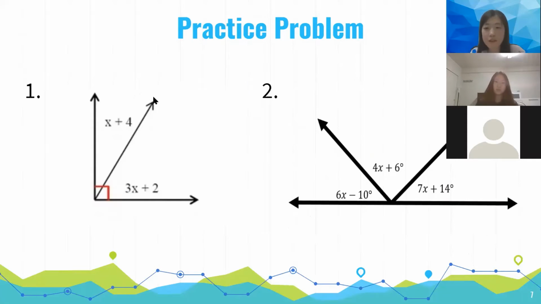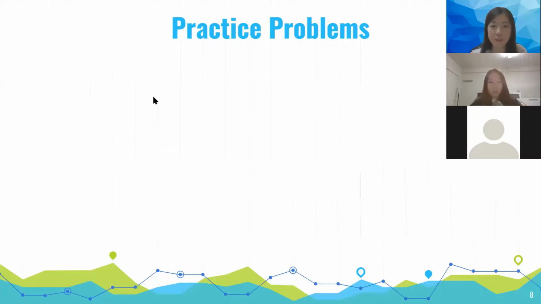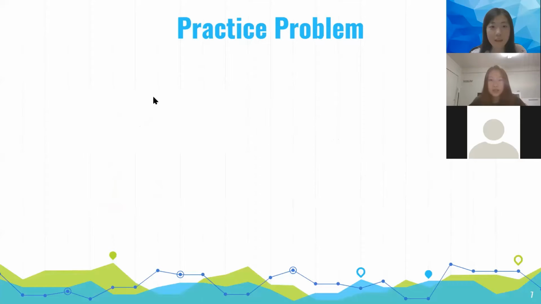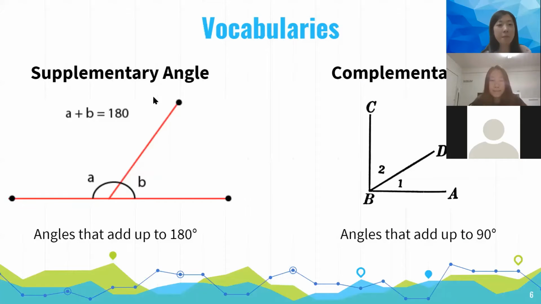For the next question, what type of angle is this? What do they add up to? 180. Yes. And what's the name of that angle? I forgot. It's called a supplementary angle, because they add up to 180.